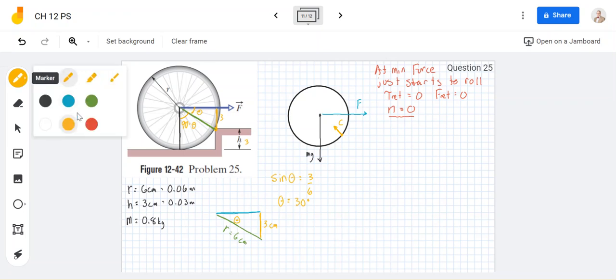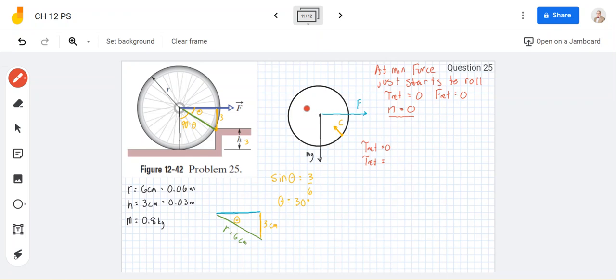So let's do the net torque then. First of all, net torque is equal to 0. So does the mg supply a torque? It absolutely does. If I go to draw that, here's my r vector. Here's my mg. So what distance is away? It's the distance of r.